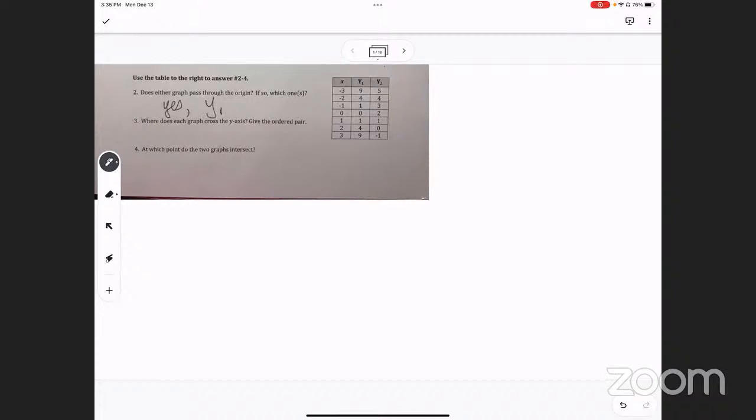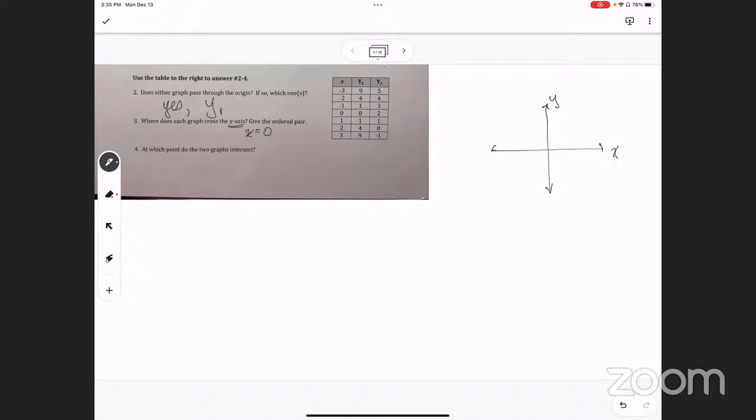Got it? Yep. Where does each graph cross the y-axis? Well, crossing the y-axis means that x equals what? 0. Yeah, x equals 0. So look to the right. Here's your x-axis. Here's your y-axis.